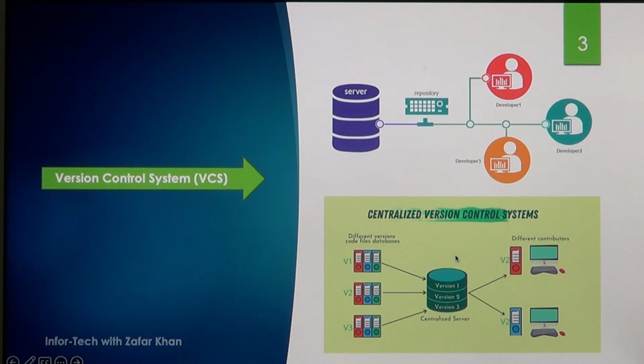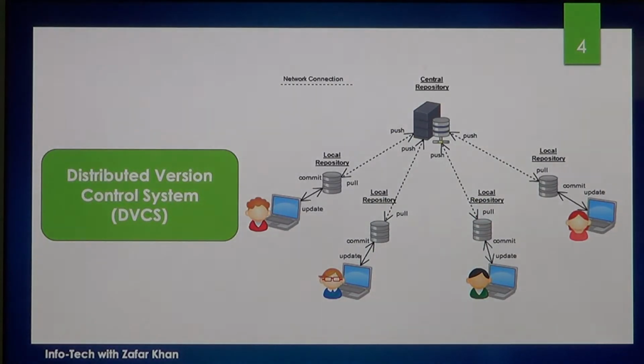Okay, so now the distributed version control system. Here, in the distributed version control system, the user completely clones a copy of the server files to their local repository. Hence each user has a backup of the server files, and that is why the distributed version control system overcomes the drawback of the centralized version control system.